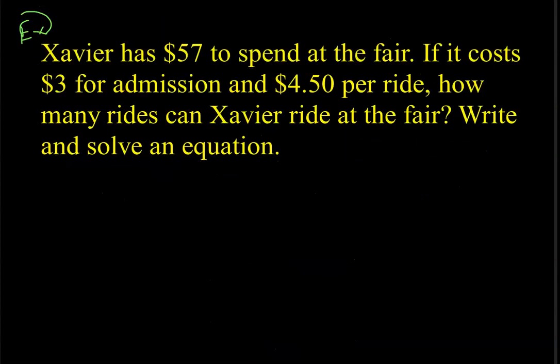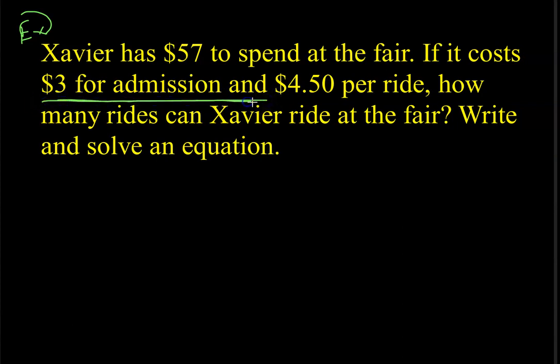All right, so this example says Xavier has $57 to spend at the fair. If it costs $3 for admission and $4.50 per ride, how many rides can Xavier ride at the fair? Write and solve an equation. All right, so let's do it. He's got $57 to spend, and it costs $3 to get in. That's a flat fee.